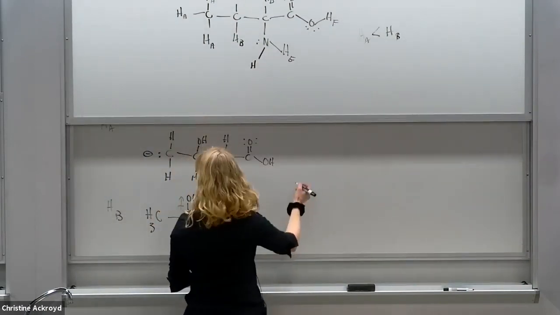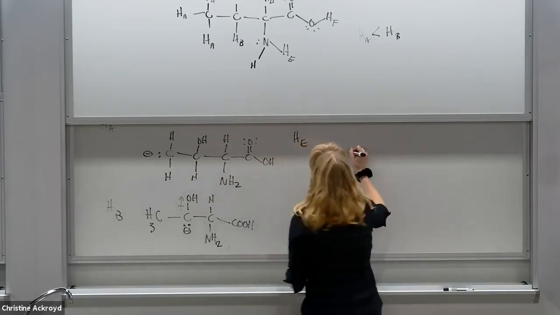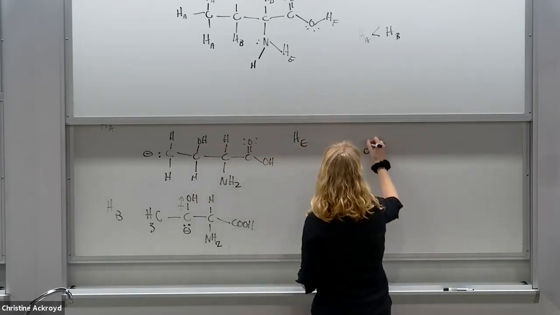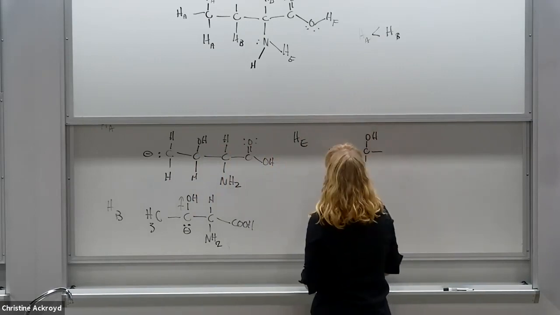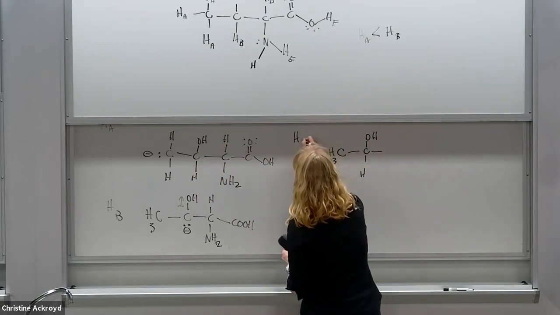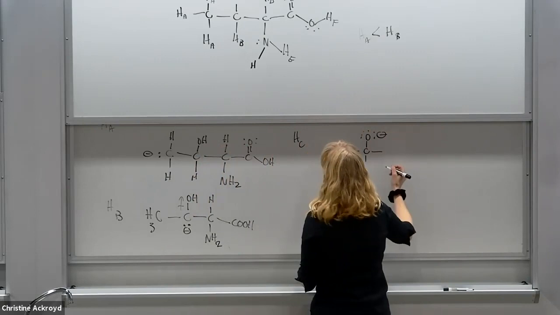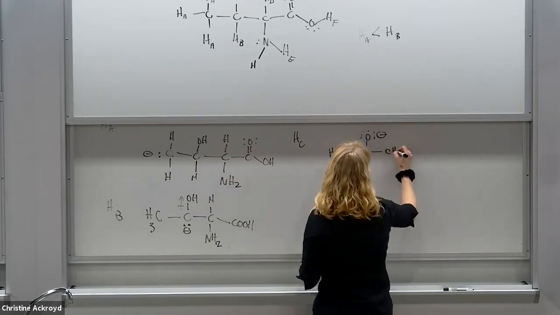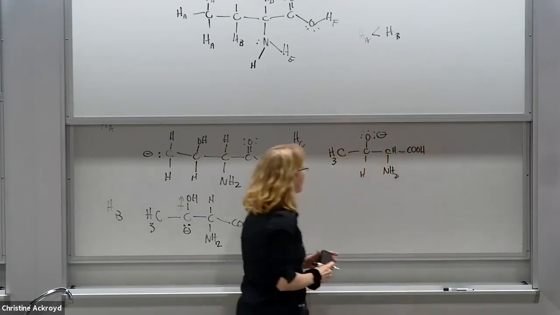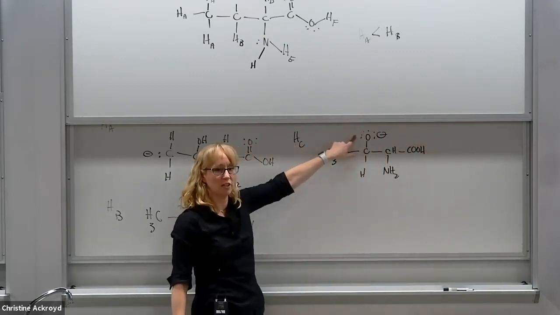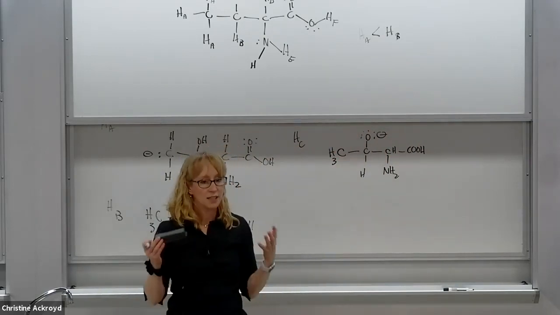Okay, let's do hydrogen E. If we pull off or donate proton E, let's do C first. How's that? Talk to me about the negative charge here. In general, can oxygen handle a negative charge? Yes.